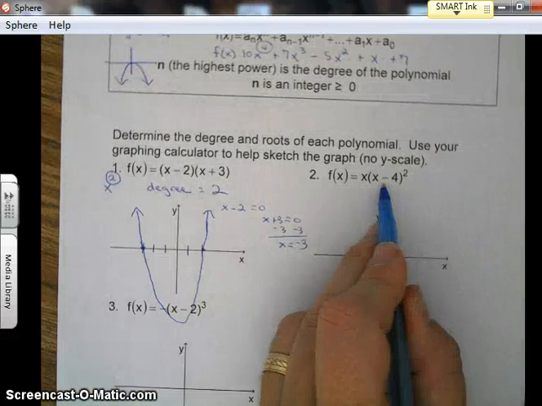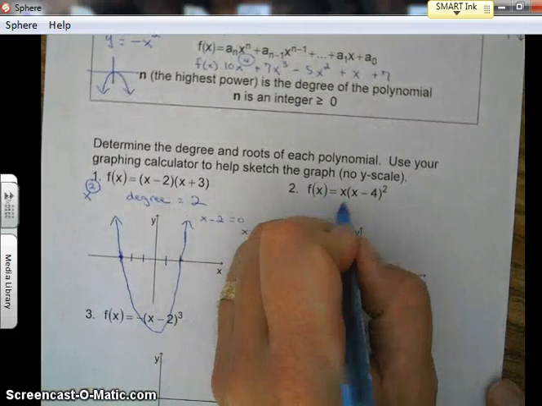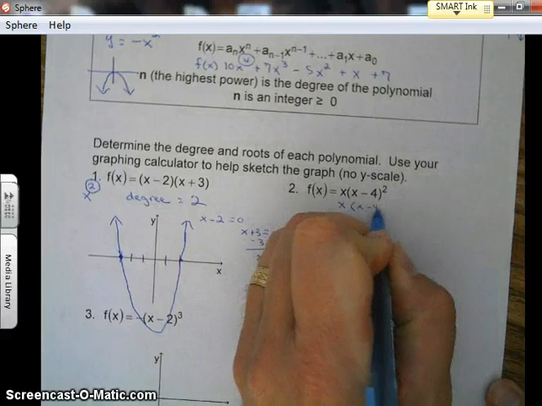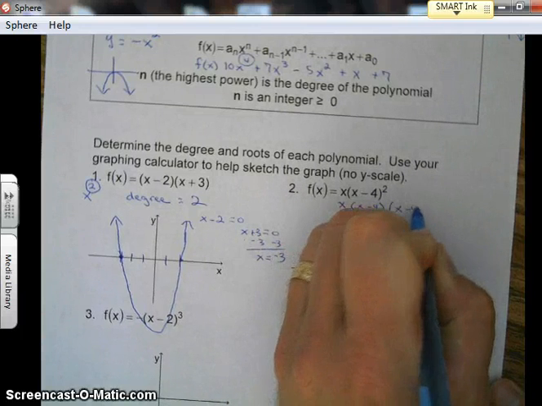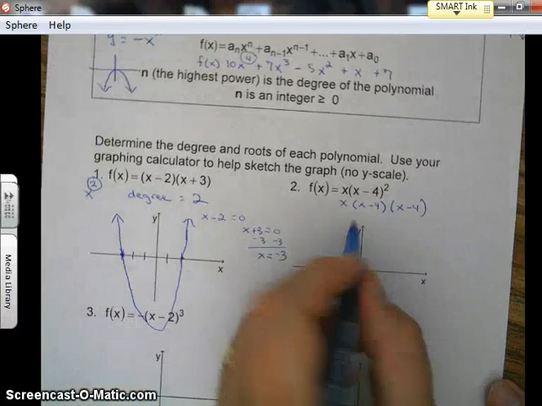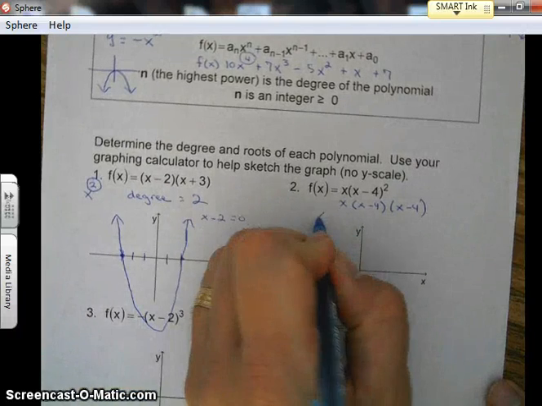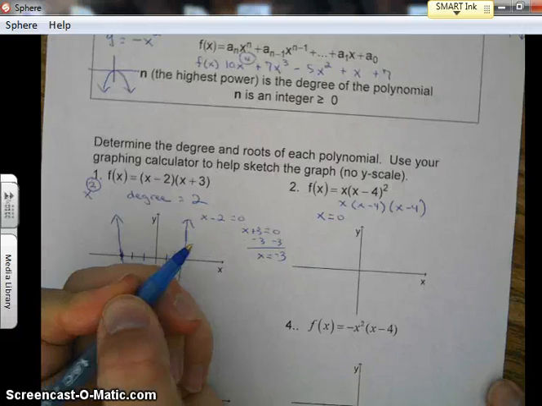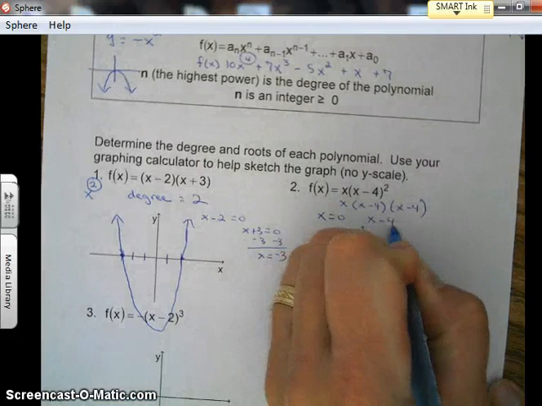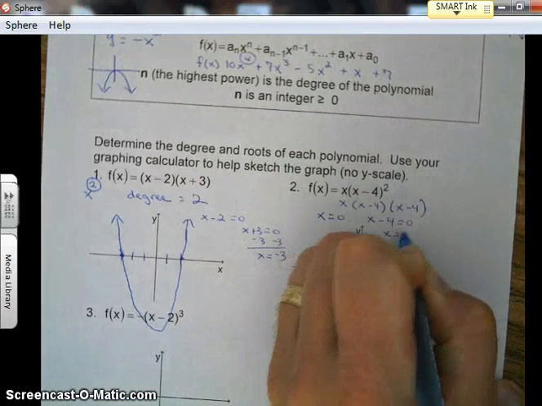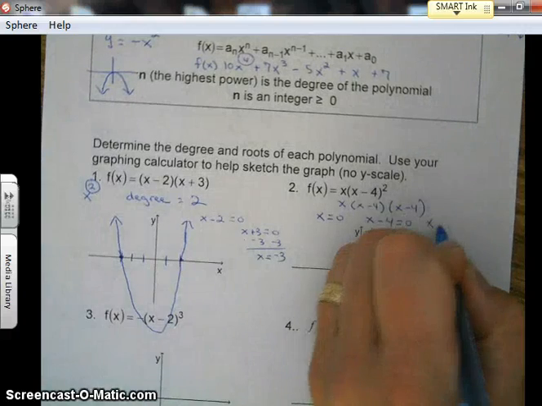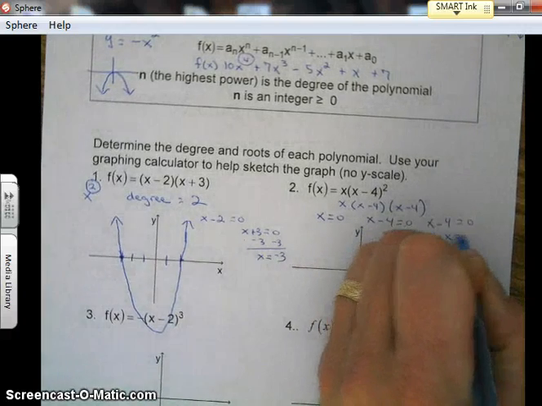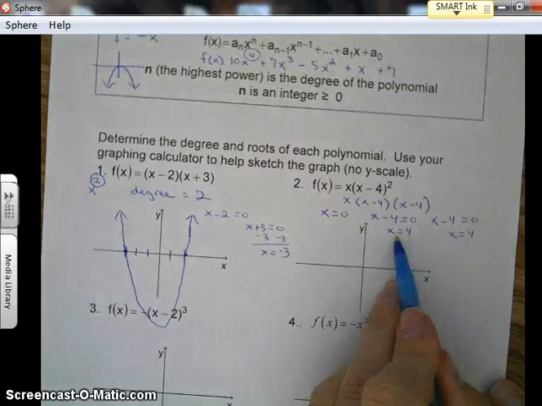Okay, so let's take a look at this one. So here we have x times x minus 4 times x minus 4. So we can set each factor equal to 0. So we're going to have a root at 0. We're going to have a root at 4 and another root at 4. So this is a double root. Okay?